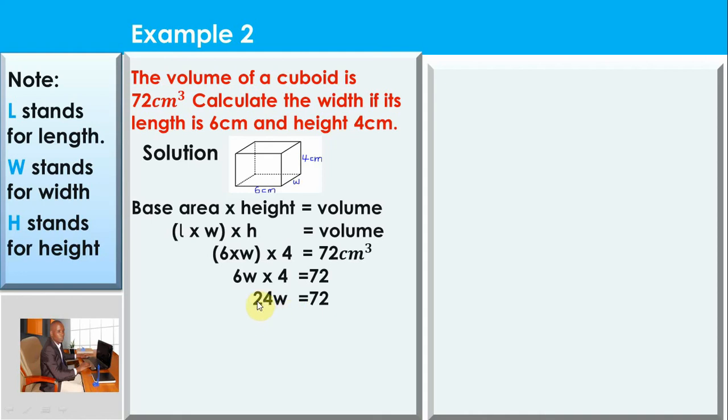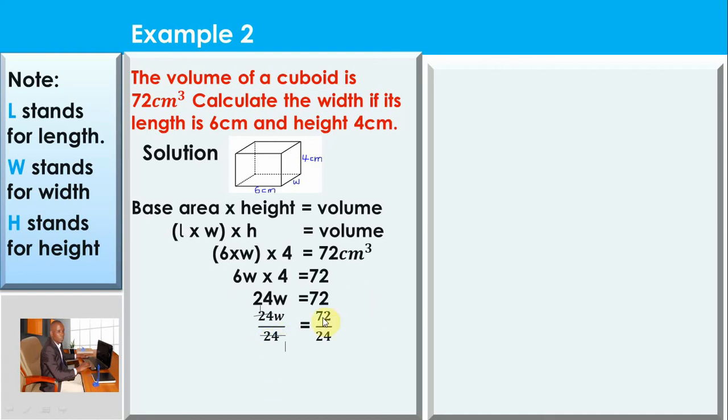So we shall say 24w divided by 24 equals 72 also divided by 24, so that we get 72 out of 24. On this side, 24 divided by 24, we shall get 1.